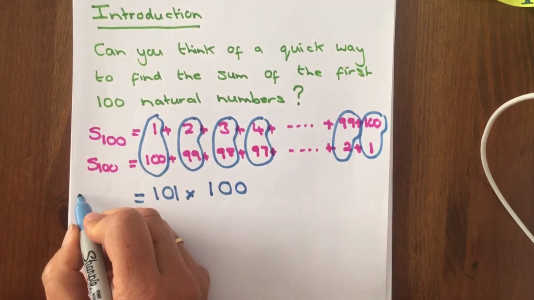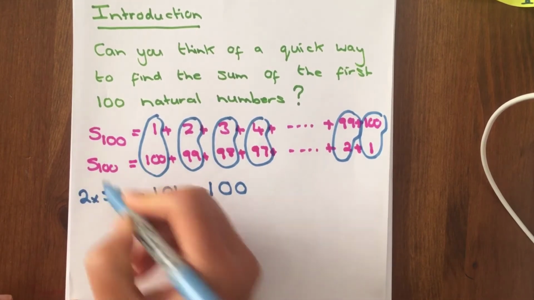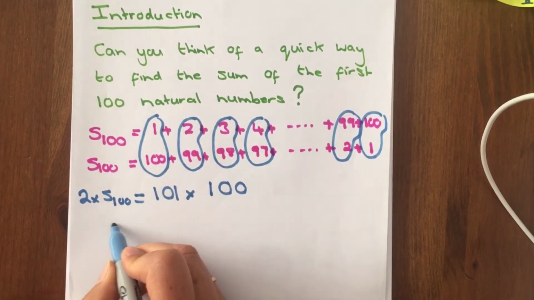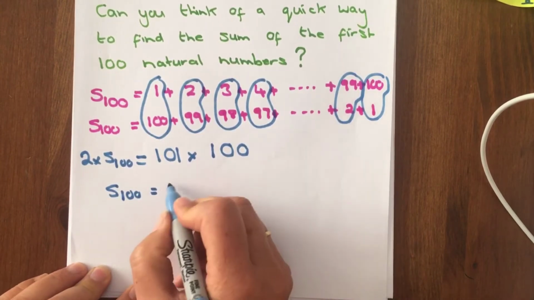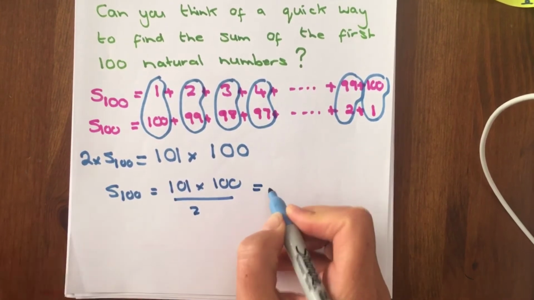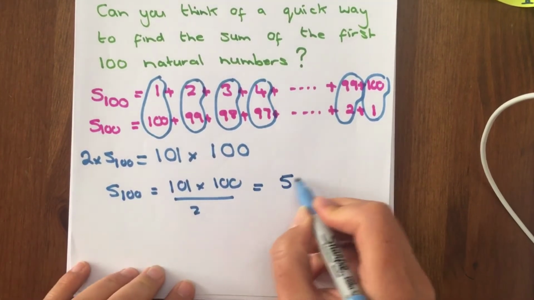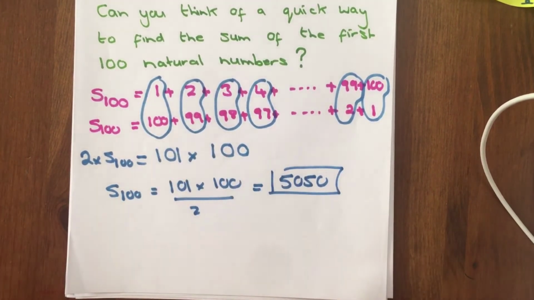And that would be equal to 2 lots of the sum of 100 because we're adding it up. So 1 lot of the sum of 100 will be this divided by 2. And if you work that out, you get 5,050. So rather than doing 1 plus 2 plus 3 plus and so on in your calculator, this is a much quicker way.